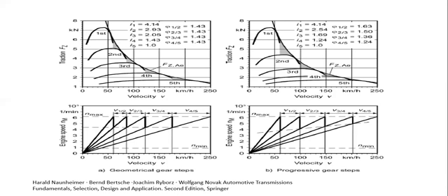Gear step 3 to 4 is basic gear step times progressive factor. Gear step 2 to 3 is basic gear step times progressive factor squared. And the final gear step 1 to 2 is basic gear step times progression factor cubed.